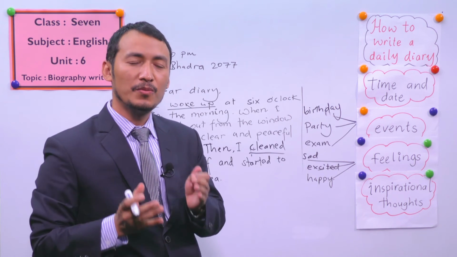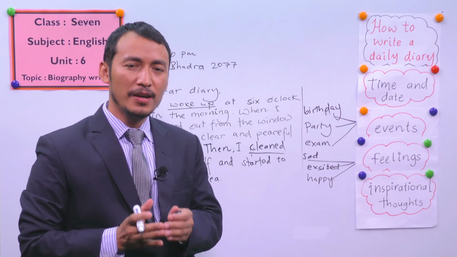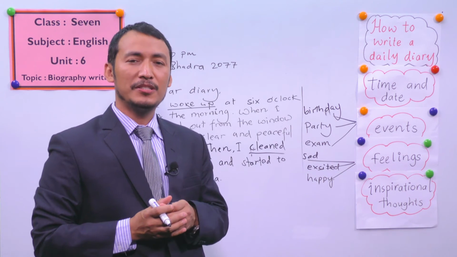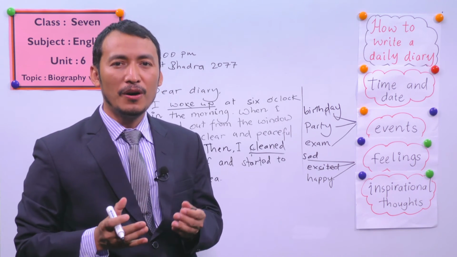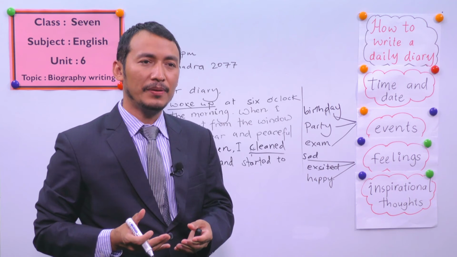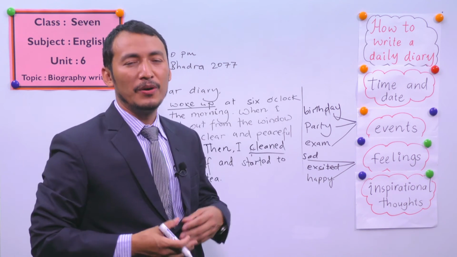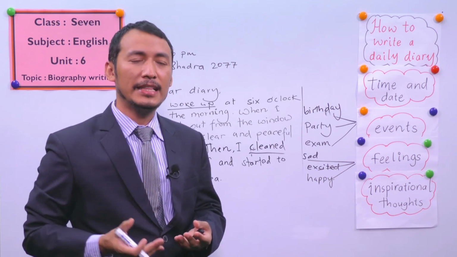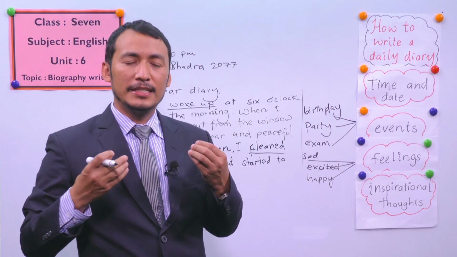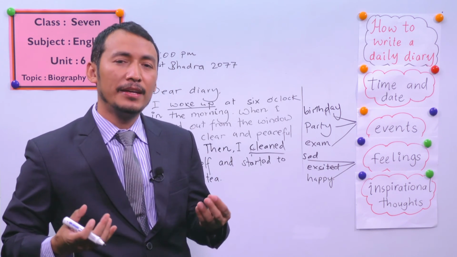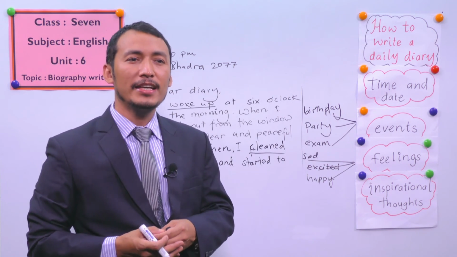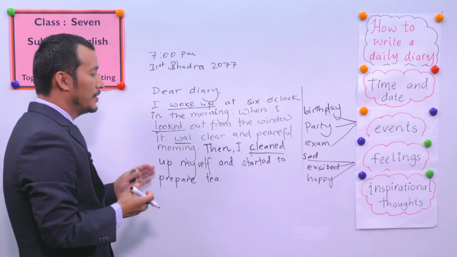Okay, students? So one of the things that you have to be careful about is your tense. You can even sometimes use simple present tense for something that is usually or regularly done. For example, I usually go on a morning walk, or you can say that I frequently go on a morning walk, and today too I went. You can say like that. Okay, so this is one of the ways.